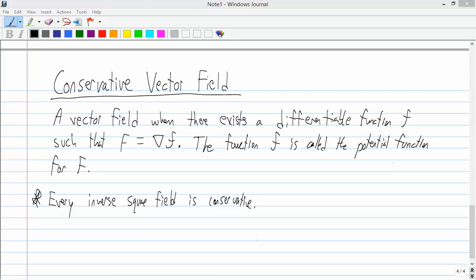Many vector fields, including gravitational fields and electrical force fields, are conservative.